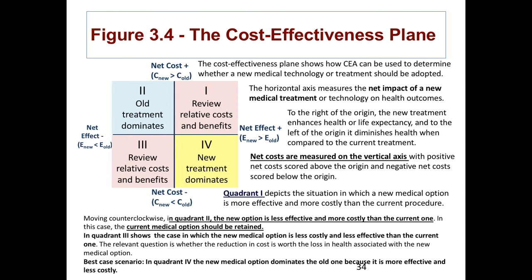So in two cases we don't have any question. In quadrant 2, the old treatment dominates, and in quadrant 4, the new treatment dominates.